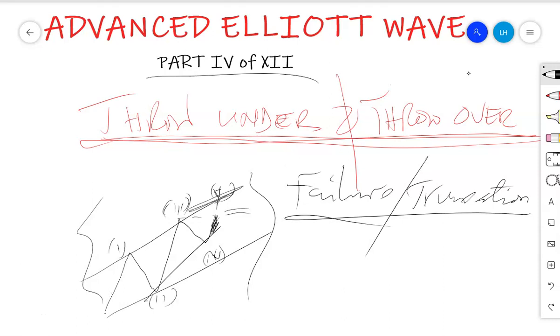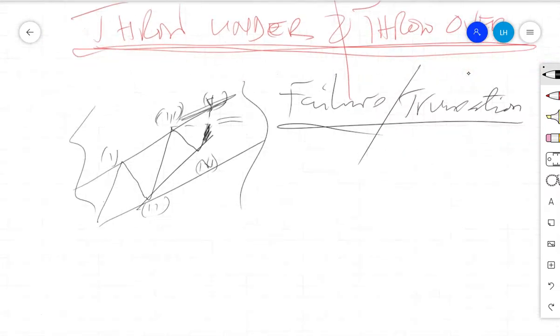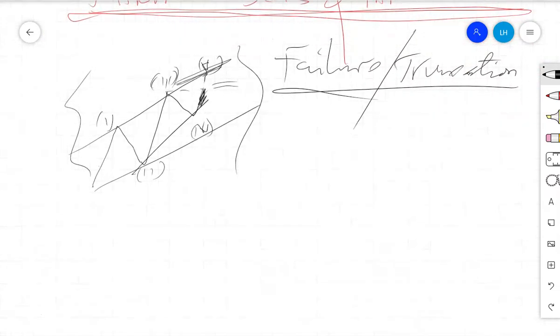So these are some of the major possible variations on the idea of channeling, and it has relation with the issues on volume, the issues on extension, and other things. So make sure that you watch those previous sessions so that you'll know what's all about extensions, the issues on volume and other things.